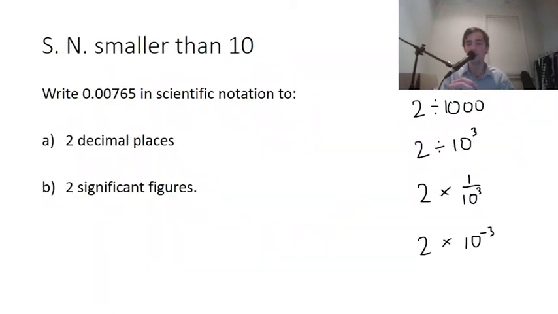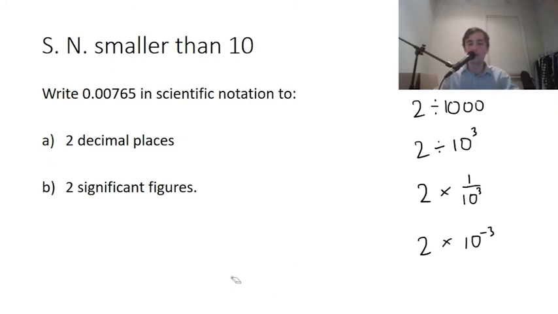If I times by a negative power, that moves the decimal place to the left. So if you're multiplying by negative 3, you just need to go 3 to the left. So that'll be 0.002.